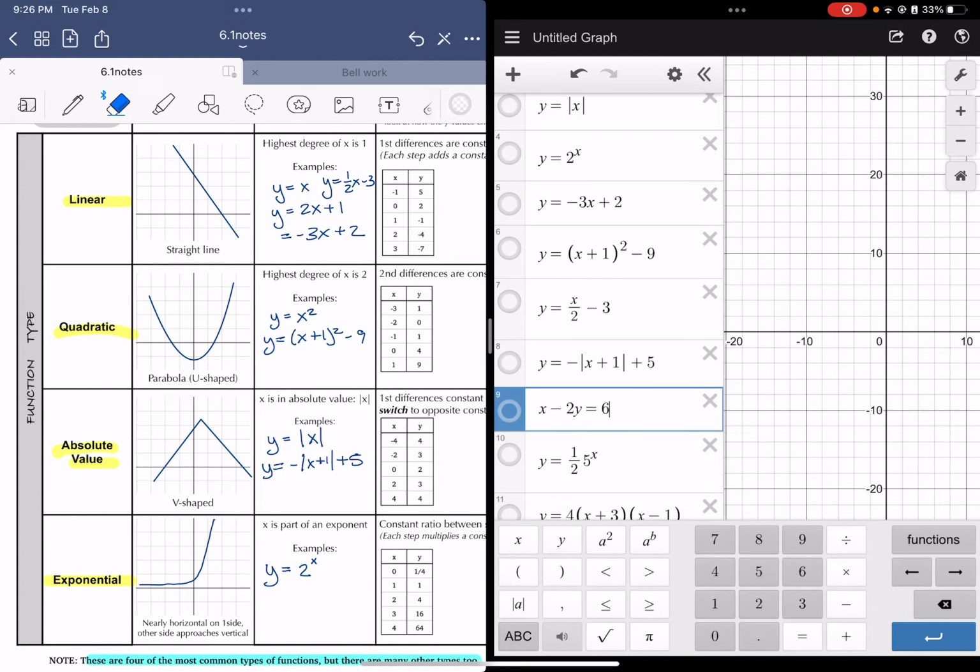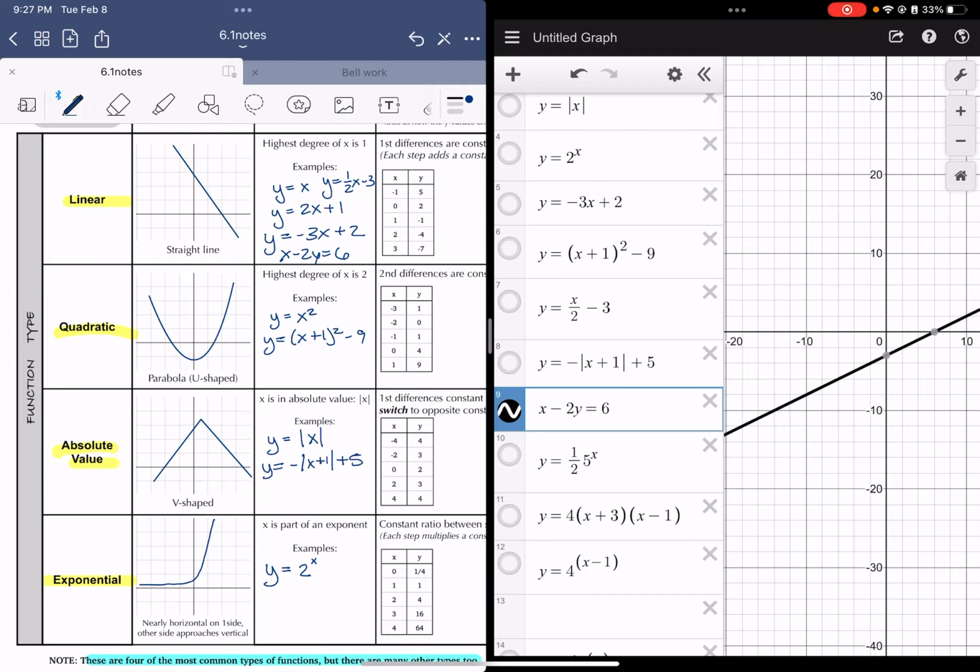So let's go ahead and put that one in the box too. Hopefully you have enough room for all these. x minus 2y equals 6. That's actually standard form, when you have the x and y on the same side of the equation. Let's see what that one looks like. There, it's a line.